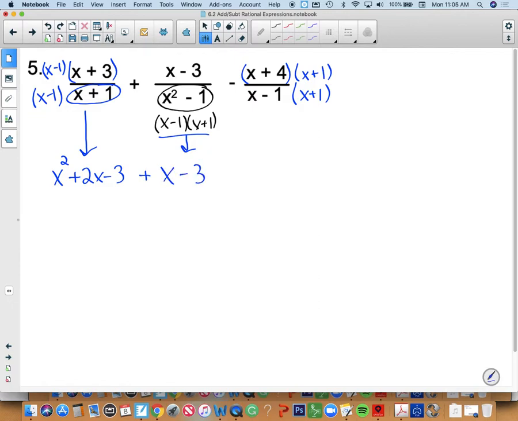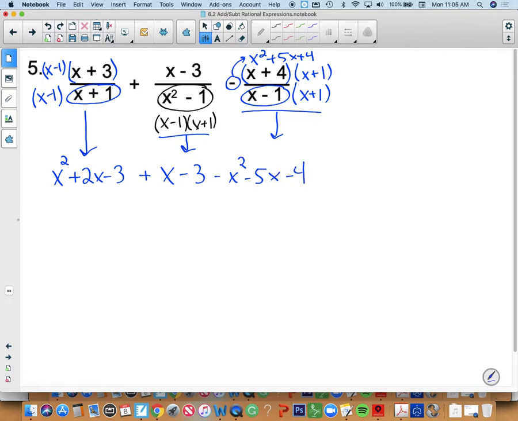And then this one here, we're going to multiply out. I will FOIL the top there and rewrite it down below. So it'd be x squared plus 1x plus 4x, so it's plus 5x plus 4. Since we're subtracting, that goes into that. So minus x squared minus 5x minus 4.